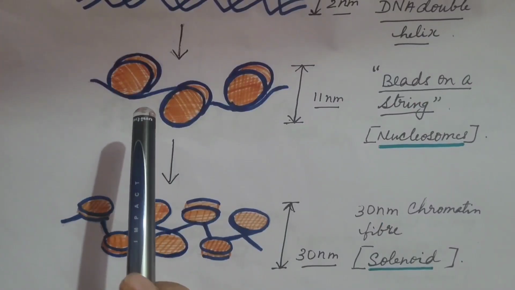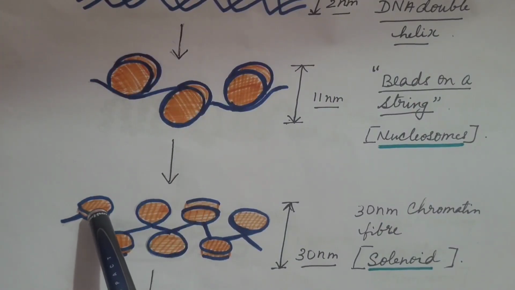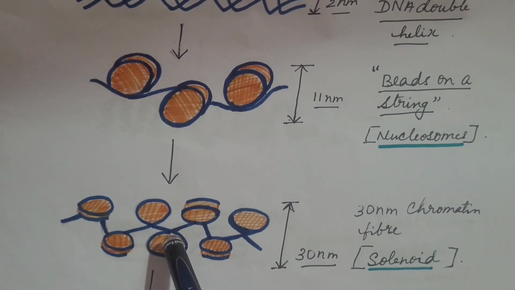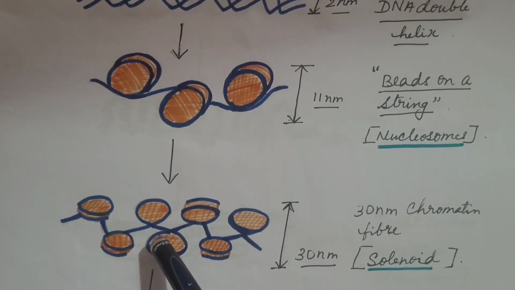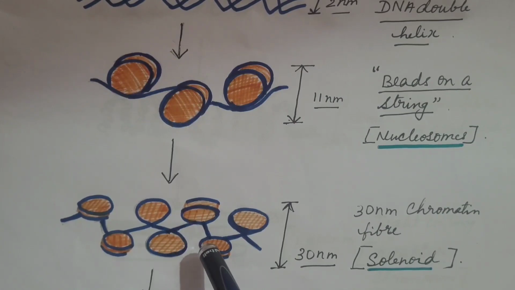So what we have seen is that nucleosomes or chromatosomes are present at regular intervals, and the DNA between the 2 nucleosomes or chromatosomes is known as linker DNA.